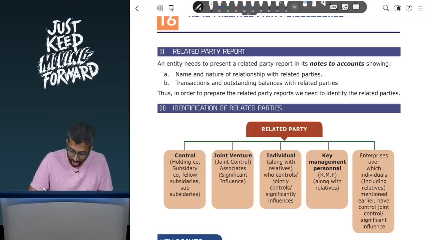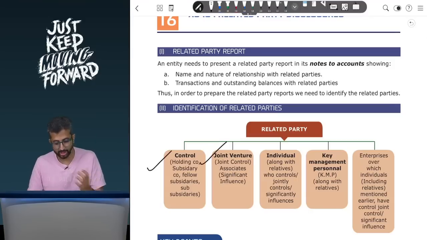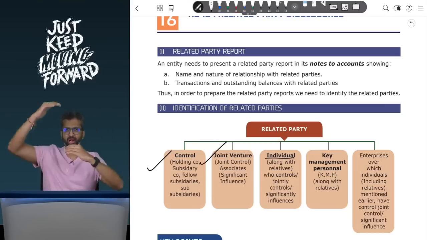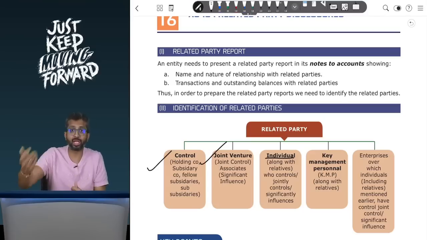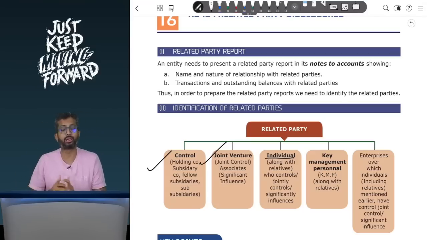So control, that is holding, subsidiary, fellow subsidiary, joint control, that is joint venture, associates, etc. are related parties, and then individuals. Maybe there are companies who are controlling you, but maybe like Mr. Mukesh Ambani is controlling Reliance Industries.